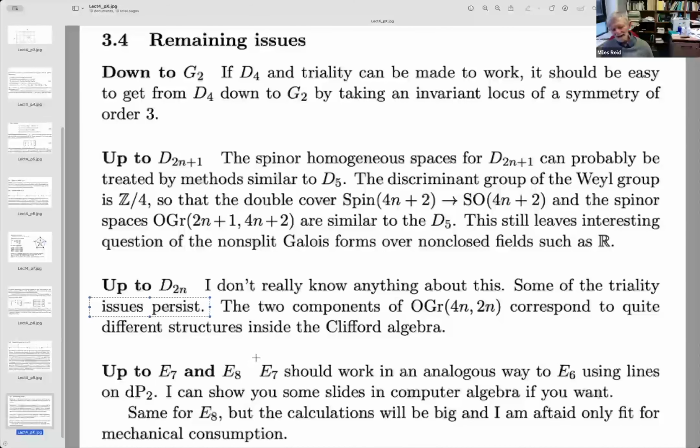Right, now E7. I told you about the cubic surface. Algebraic geometers love the cubic surface. It's easy enough to set as a problem for undergraduate students. It has these 27 lines with their really beautiful classical symmetry.